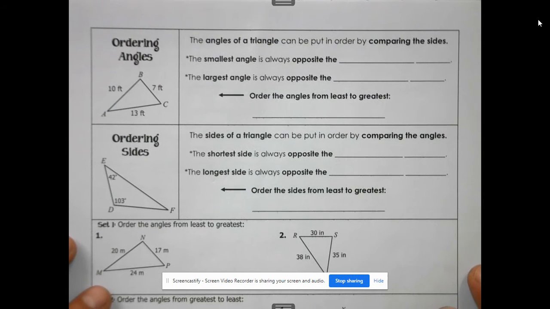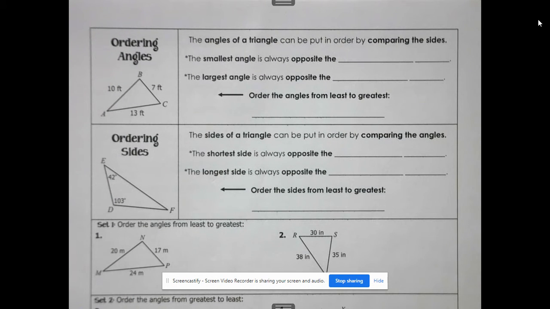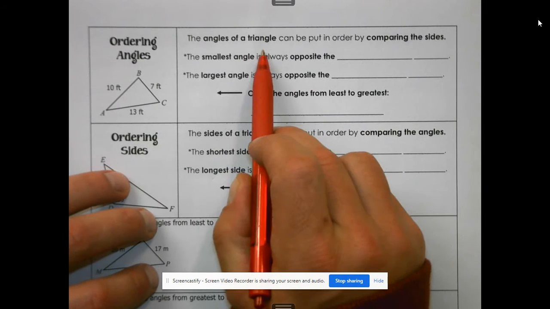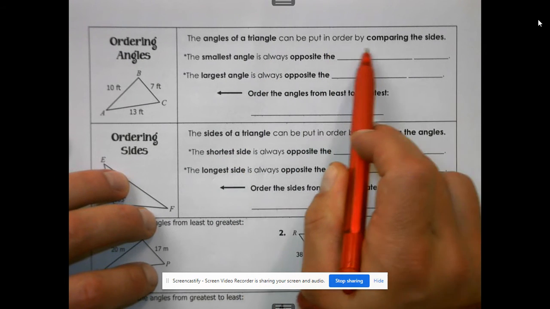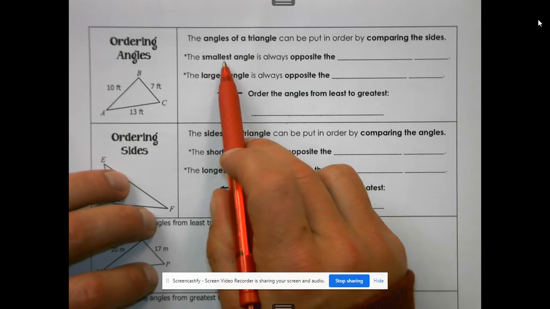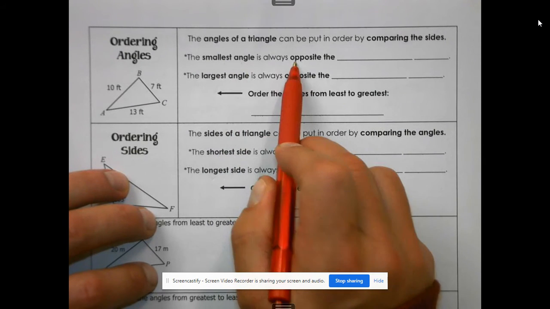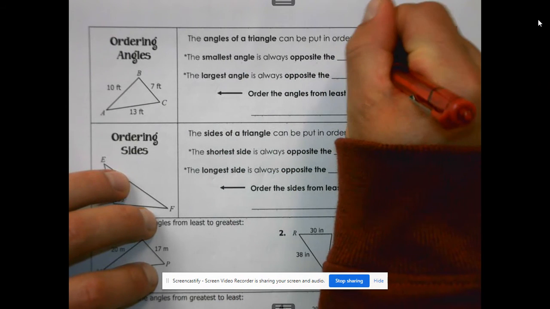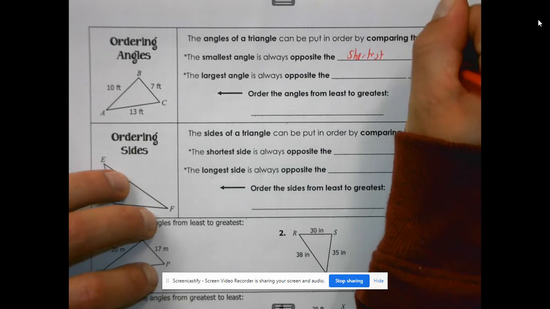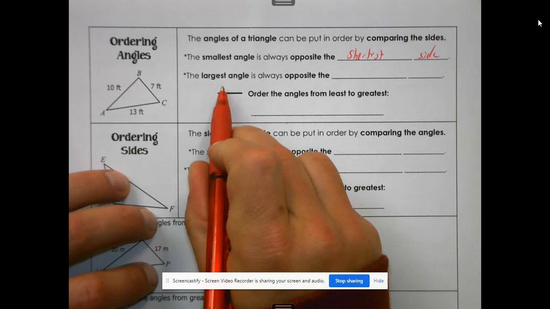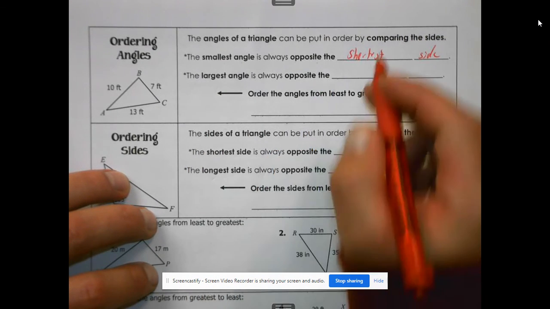Second page. Ordering angles. The angles of a triangle can be put in order by comparing the sides. The smallest angle is always opposite the shortest side. The largest angle is always opposite the longest side.